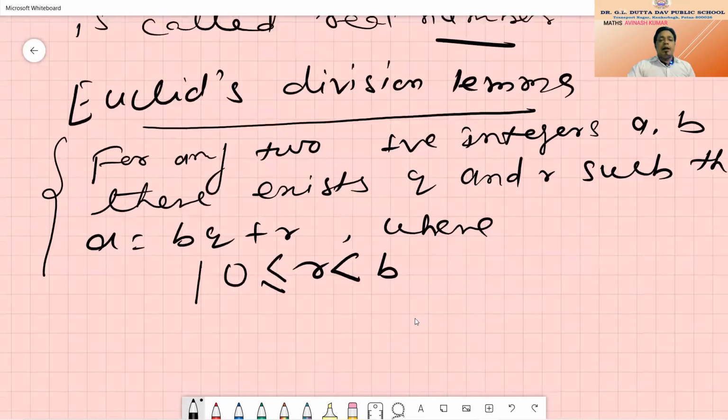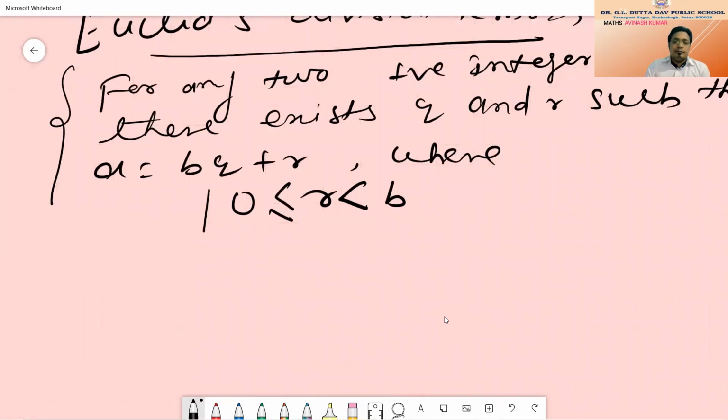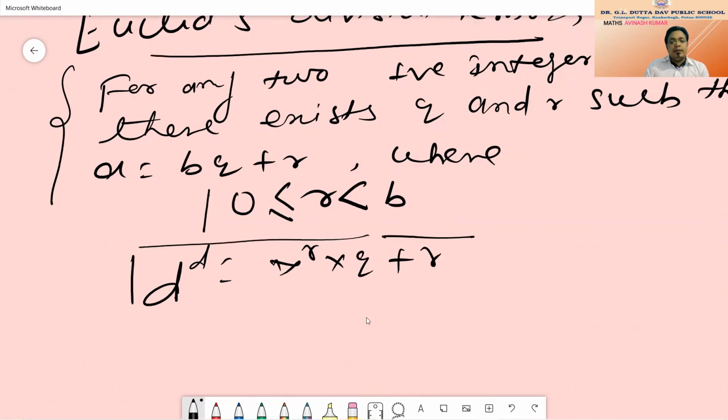When we divide a number, the dividend is equal to divisor into quotient plus remainder. The remainder is either greater than or equal to 0, but always less than the divisor.